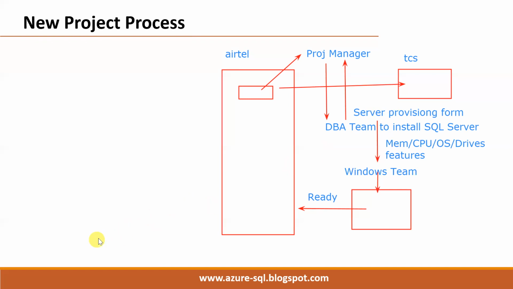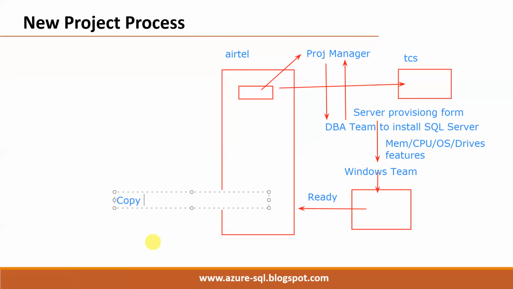Once the server is ready, our team will take RDP of the server. I think most people know RDP, and I will also show you here. After taking RDP, we copy the software.